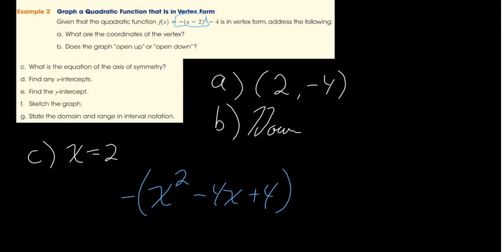If I distribute that negative sign, I end up with a negative x squared, plus 4x, minus 4. And this makes the leading coefficient a negative number. So all you have to do is look at the sign in front of the parentheses. If it's a negative sign, then we're opening down. If it's a positive sign, then we're opening up.